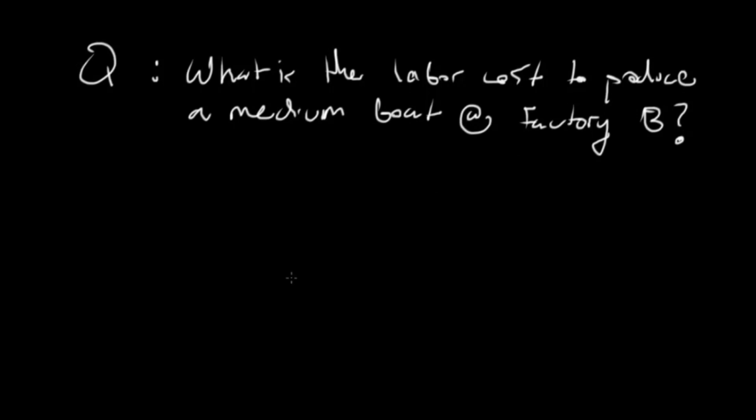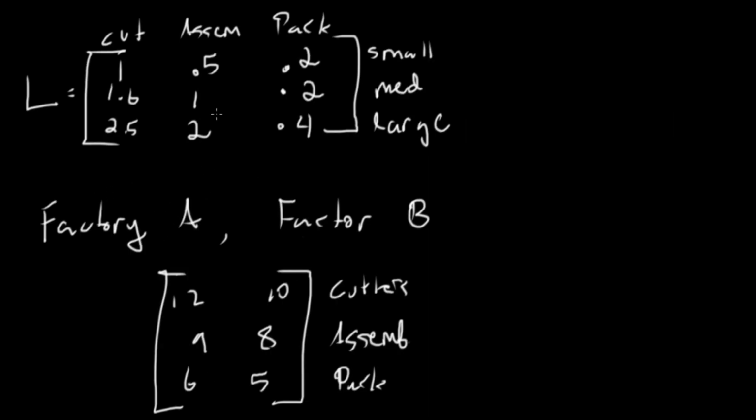All right, so think about that for a second. And what does it cost to produce and sell a medium-sized boat at Factory B? So if I go back, I look at this, Factory B medium, so it takes 1.6 hours to cut a medium-sized boat, and Factory B pays $10 per hour to cut a boat.